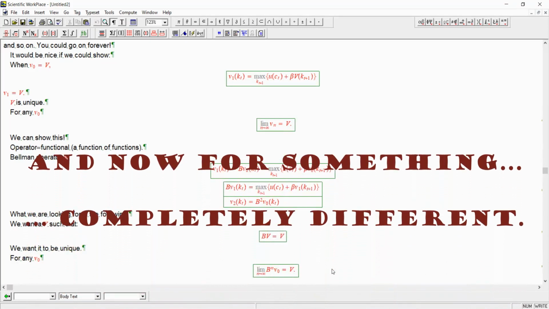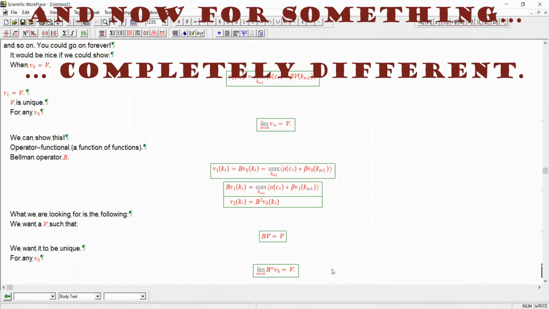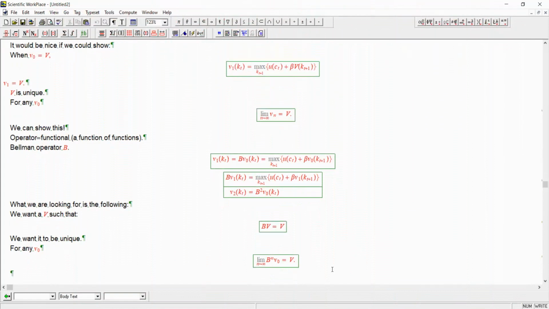So in order to do this, we need to think a bit more broadly and start by defining this object, a contraction mapping, which could occur in any space. And what I mean is the following.